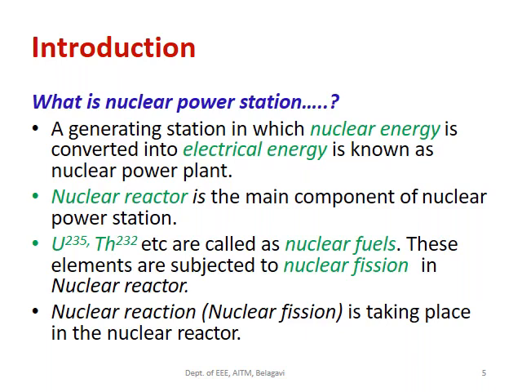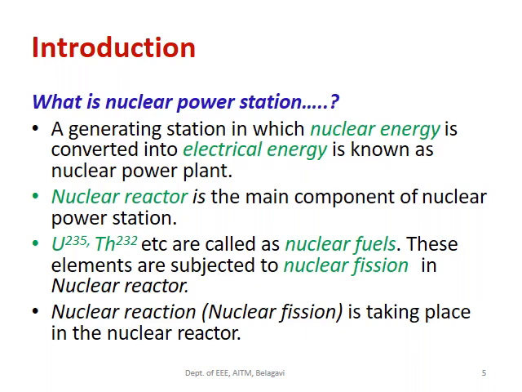The heat energy thus released is utilized in raising steam at high temperature and pressure. The steam runs the steam turbine, which converts steam energy into mechanical energy. The turbine drives the alternator, which converts mechanical energy to electrical energy.